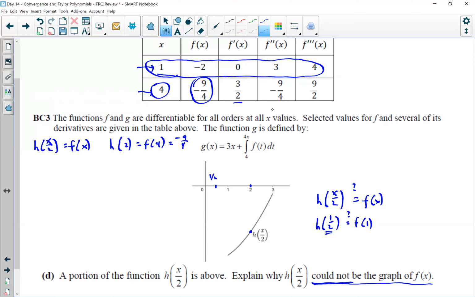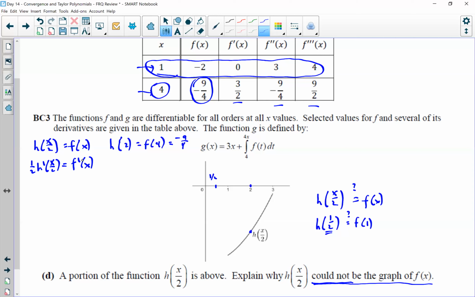So if they're the same, then all of these values should pair up, shouldn't they? Not only will f have to be the same as h of x over 2, but their derivatives should match up too. So if we differentiate both sides of this equation, on the left-hand side we're going to have to do the chain rule. So it's h prime of x over 2 times 1/2, because that's x over 2's derivative, should be the same as f prime of x.